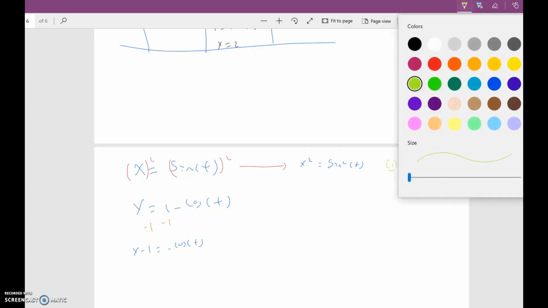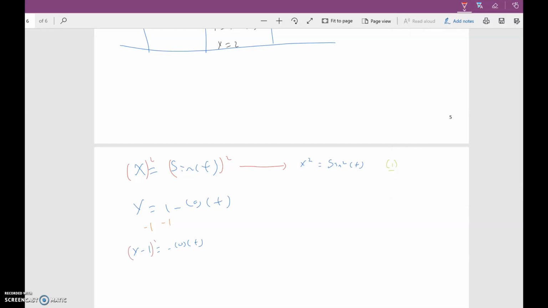And then on the second one, I'm going to square it as well. So we're looking at y minus 1 squared. As you square the negative cosine, you're just going to get cosine squared of t. And this one is going to be equation 2.